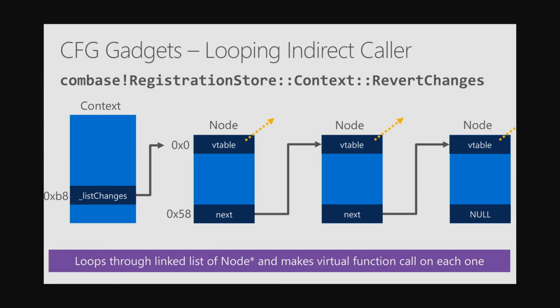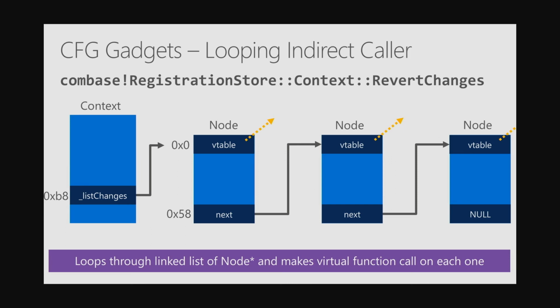The next building block that I found was this cool CFG gadget. I'm just going to refer to it as the looping indirect caller. There's this function called revert changes. It is a valid indirect call target, so if you hijack a function pointer, you can call this function. What this function does is it takes a context structure, follows a list head field inside of that context structure, and loops through a linked list of node structures.